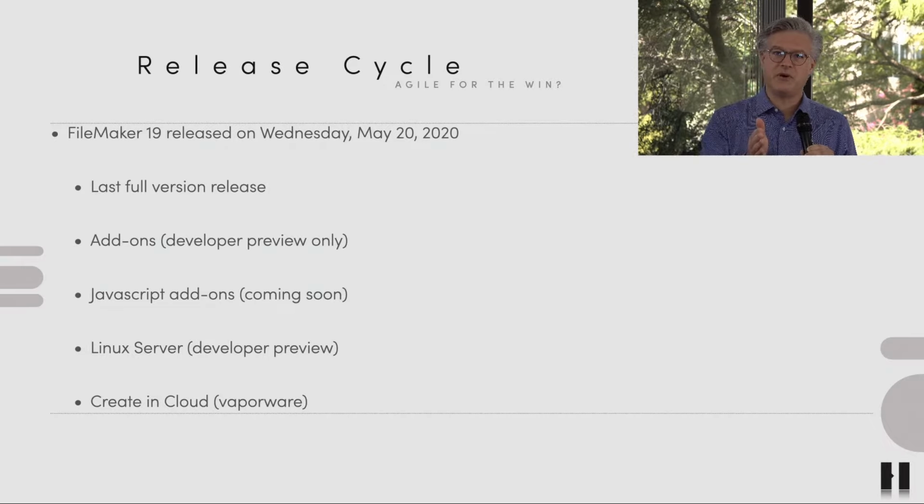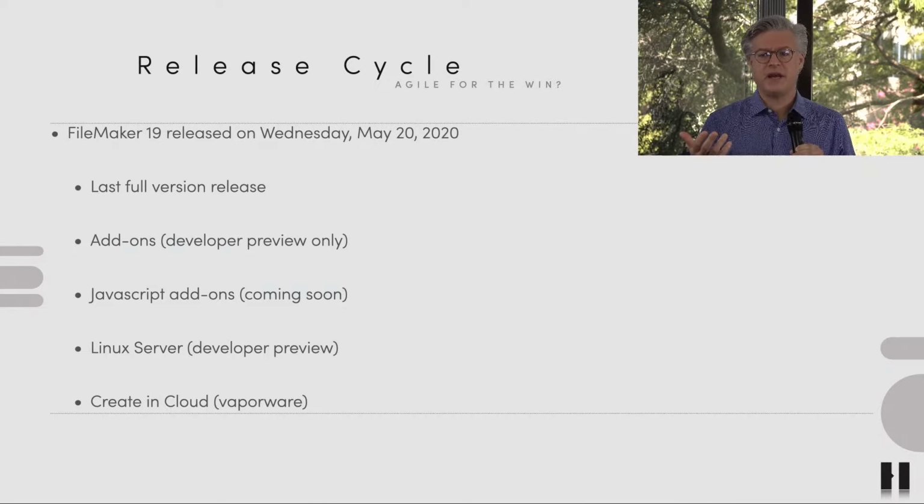But when they shipped on May 20th, they were kind of lacking the most logical use, and that is the JavaScript add-ons. At the time, they did release add-ons, but they were developer preview only, and I would note that we couldn't create add-ons in that version. The JavaScript add-ons were described as coming soon.